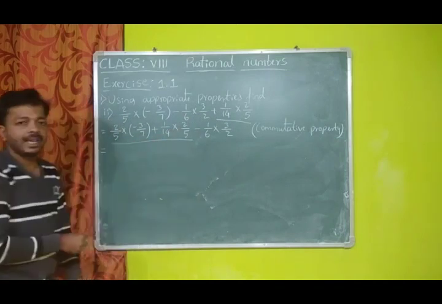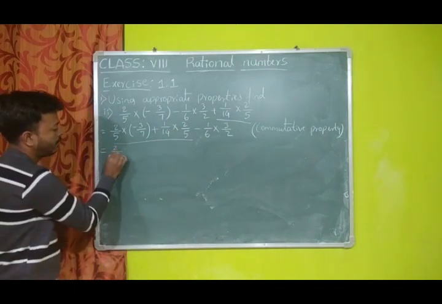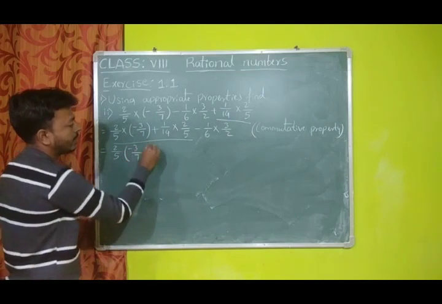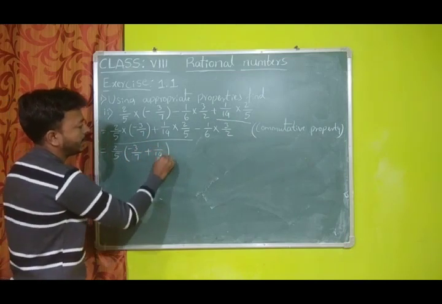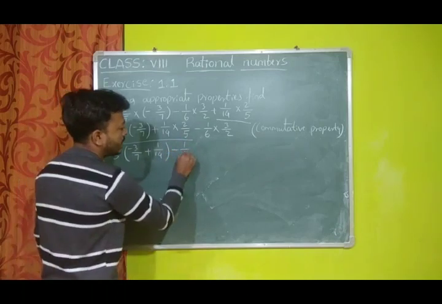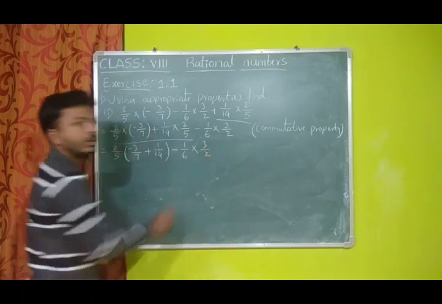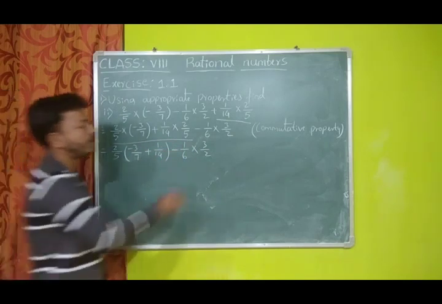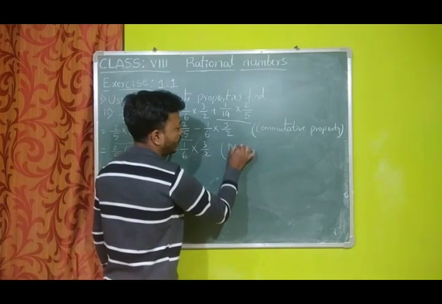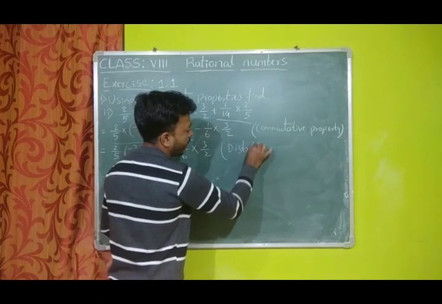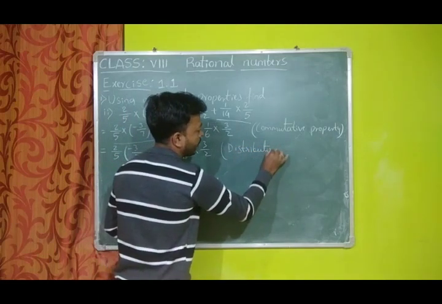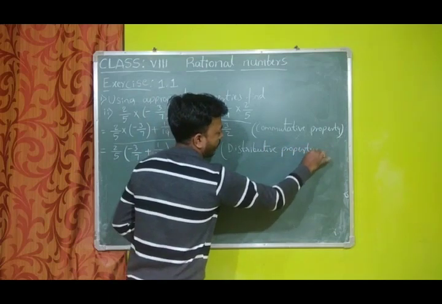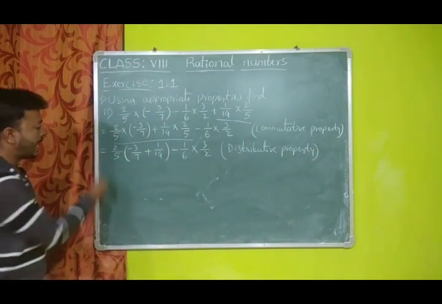Here 2 by 5 is common. 2 upon 5 bracket, minus 3 upon 7 plus 1 upon 14, and minus 1 upon 6 multiplied by 3 upon 2. Which property did I apply here? Distributive property.